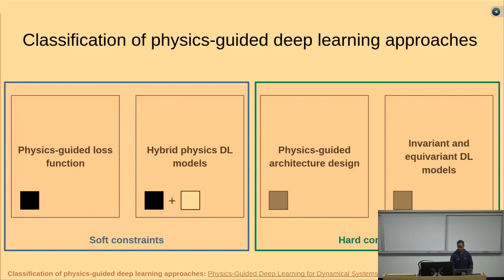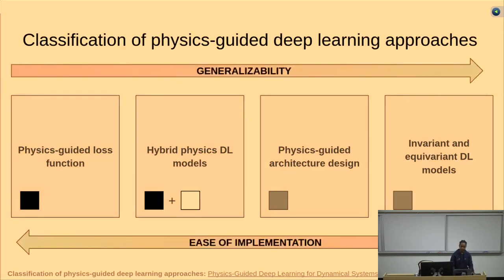Invariant and equivariant deep learning models can be viewed as a particular class of physics-guided architecture design where the network is designed to respect specific system symmetries.